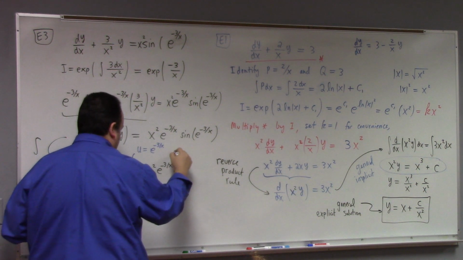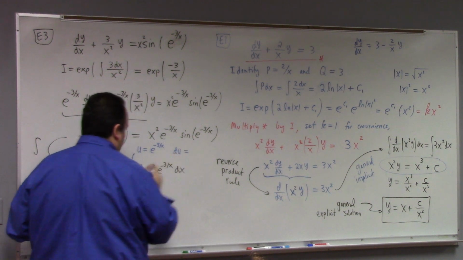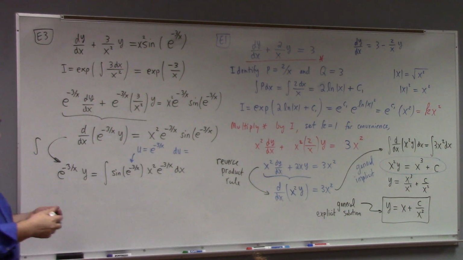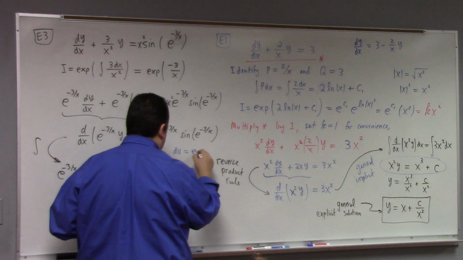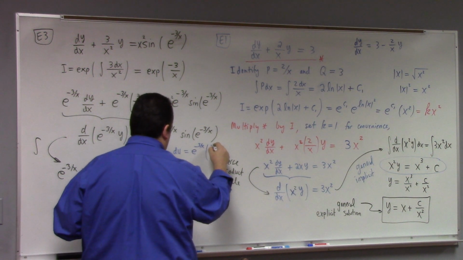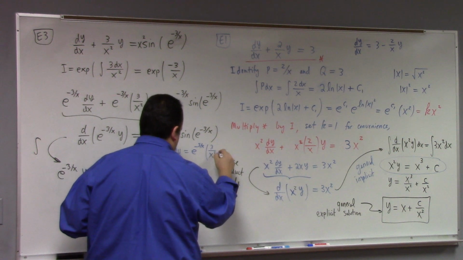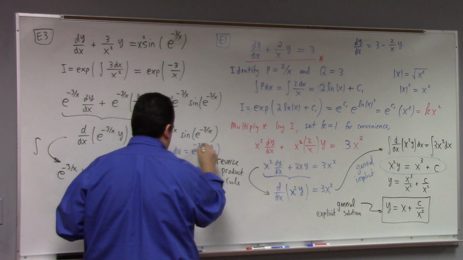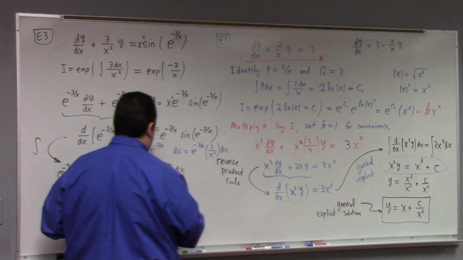What does that make du? We have e to the minus 3 over x times the derivative of minus 3 over x, which is 3 over x squared dx.